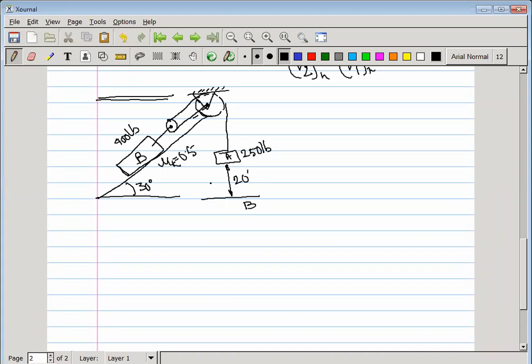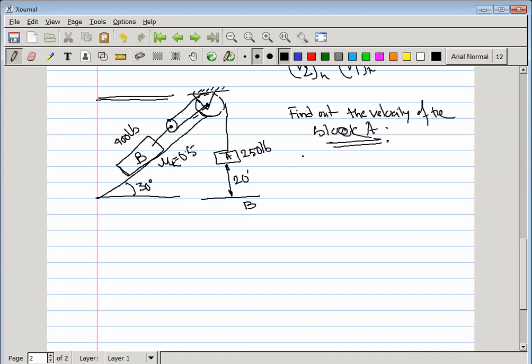The kinetic friction coefficient mu k is given as 0.5, and they need to find the velocity of the block as it hits the ground at B, basically the velocity of block A.